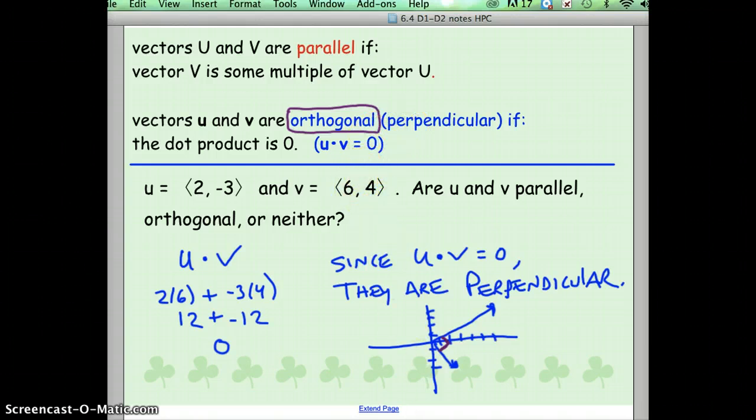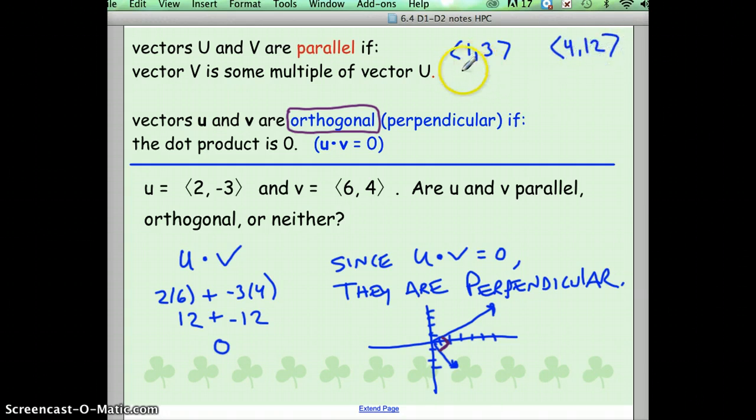Okay, the last thing to know is vectors u and v will be parallel if one vector is a multiple of the other vector. So let me give you an example. Let's say we have one vector 1, 3, and we have another vector 4, 12.